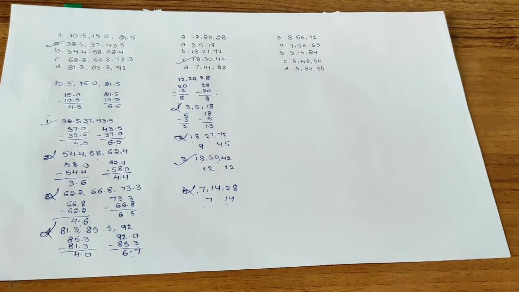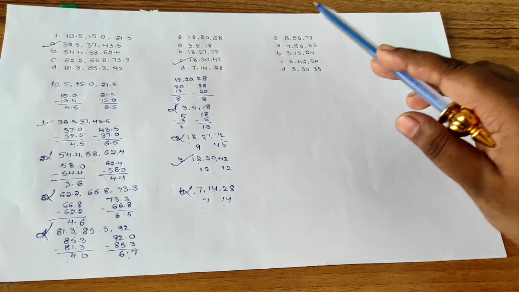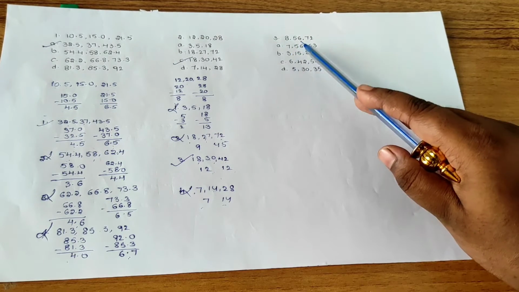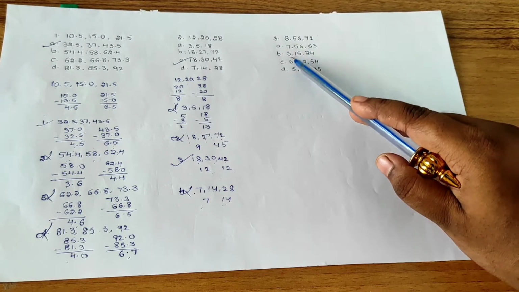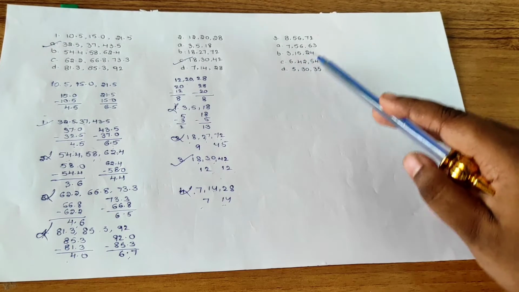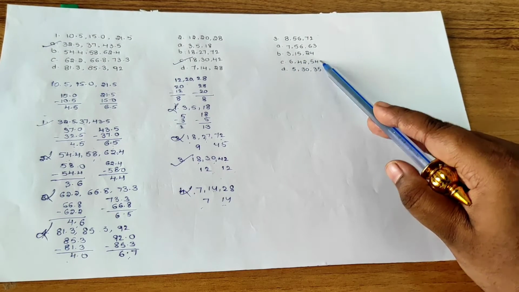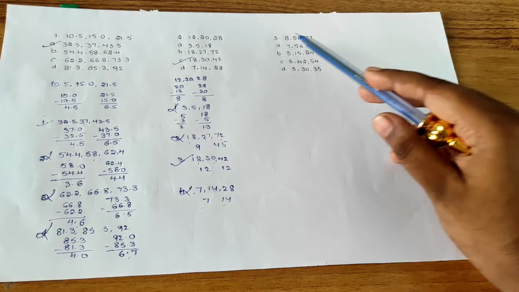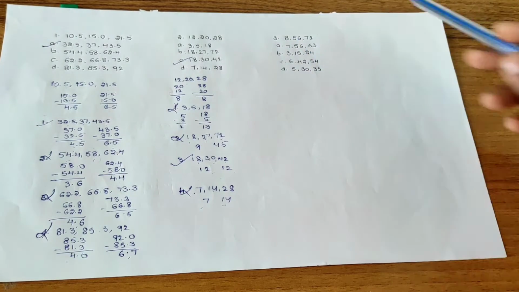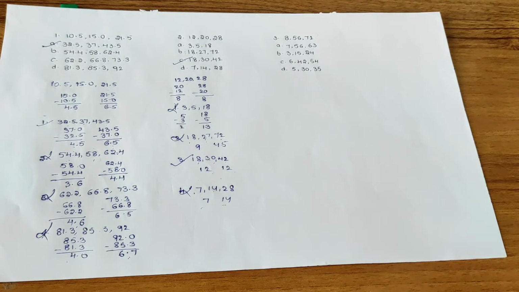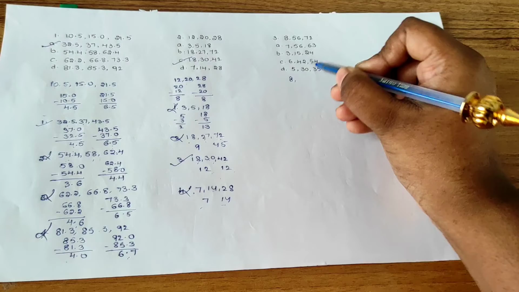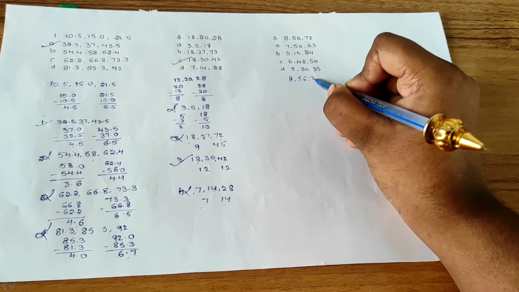Now the third question is 8, 56 and 72. And the given options are 7, 56, 63; 3, 15, 24; 6, 42, 54; and 5, 30, 35. So first let us find out what the relation is that the question carries. If you carefully see, the numbers are multiples of 8.